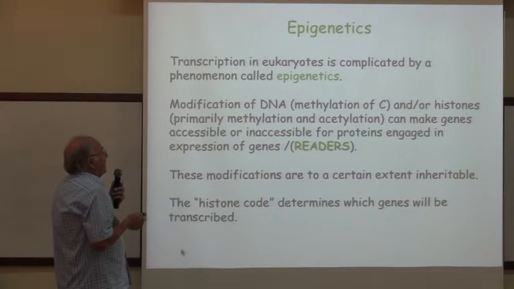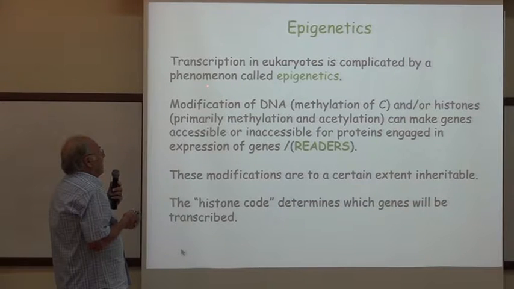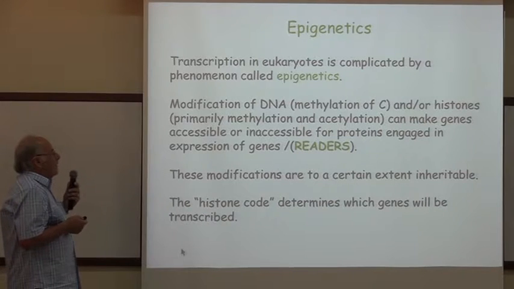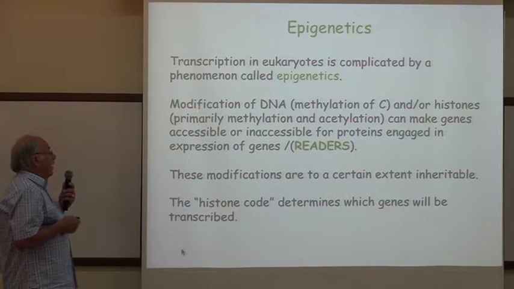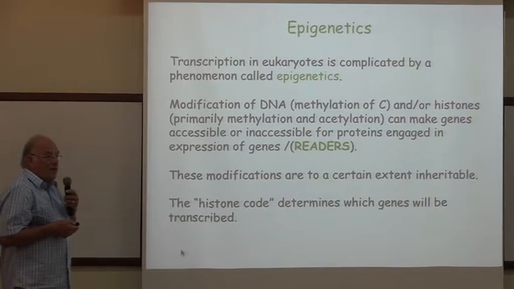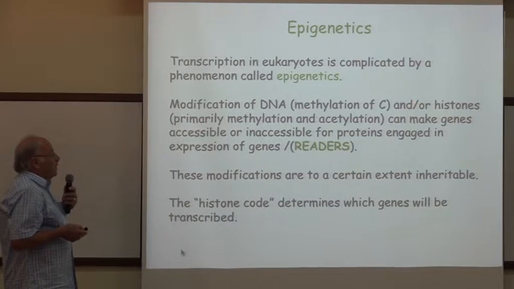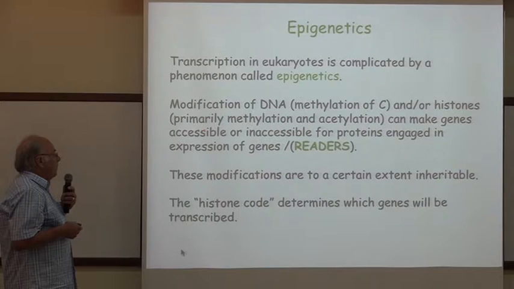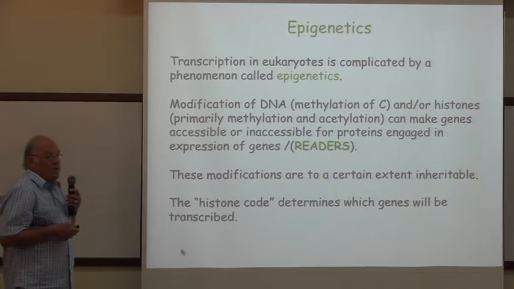And transcription in eukaryotes is complicated by the phenomenon called epigenetics. And epigenetics is, first of all, involving the modification of DNA, the methylation of Cs, but also the histones are modified, and this is very interesting because the histones are primarily methylated, but they're also acetylated.